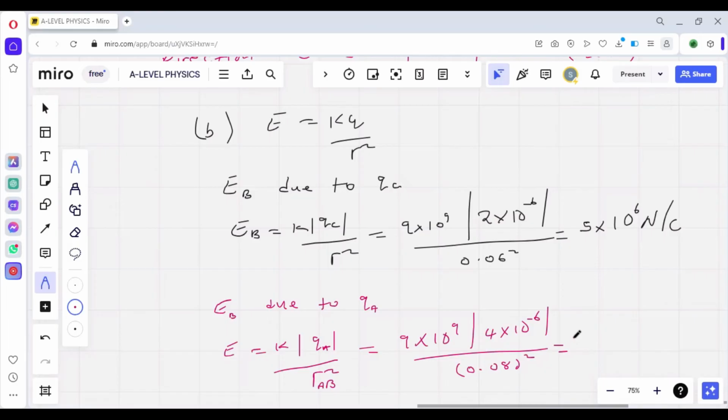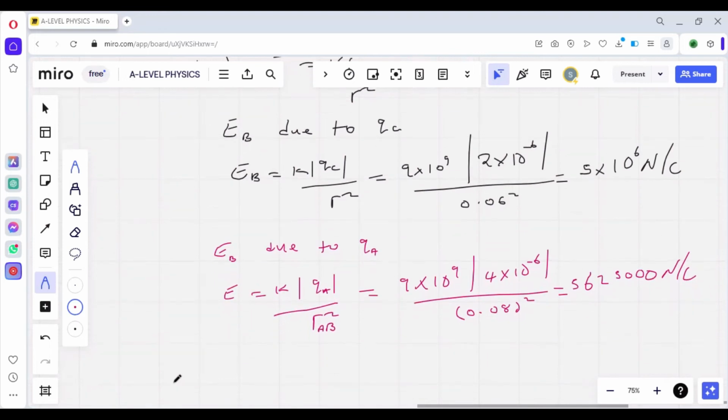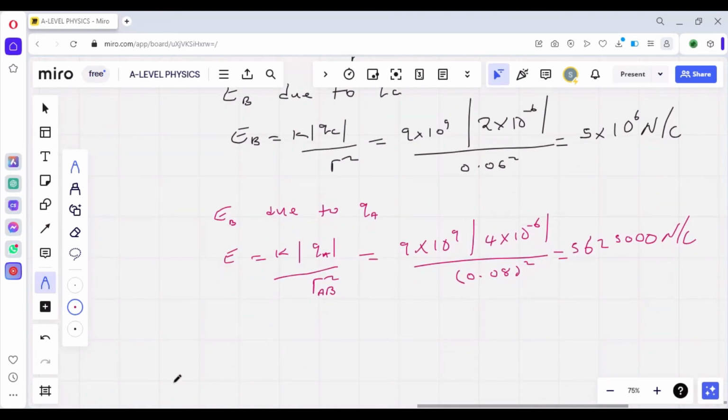So we have 5,625,000 newtons per coulomb. Now electric field is a vector, and by the superposition principle we have to add these two fields to find the magnitude.